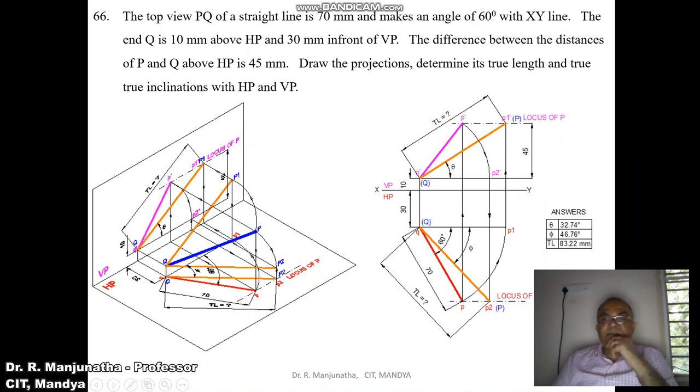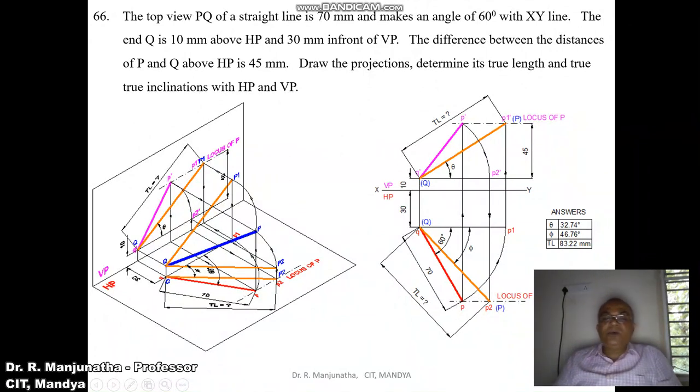You mark this point as P2 dash, and from P2 dash you draw a vertical projector so that it cuts the locus of P in the top view, and you mark this point as P2. Then join QP2 a little bit thicker than the XY line. This is going to be the true length line.